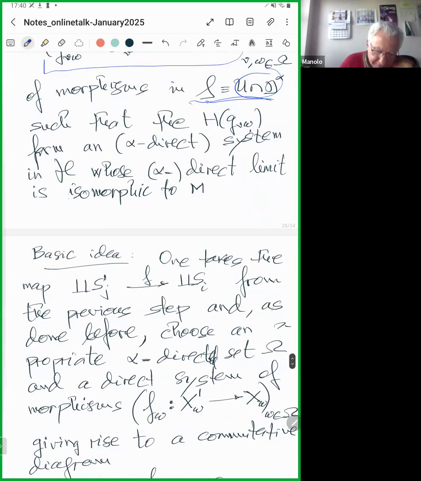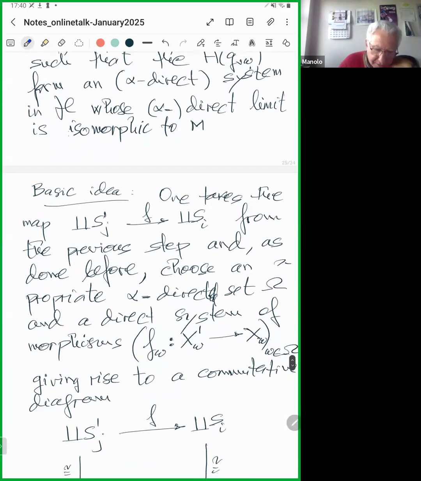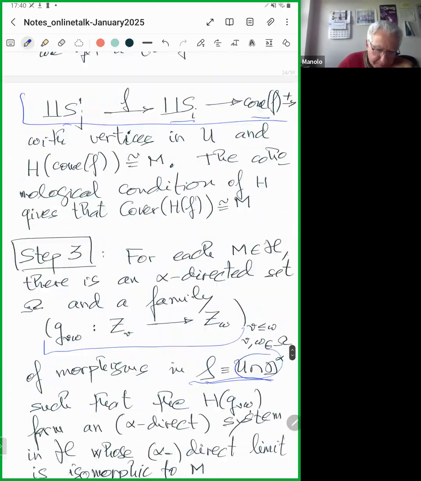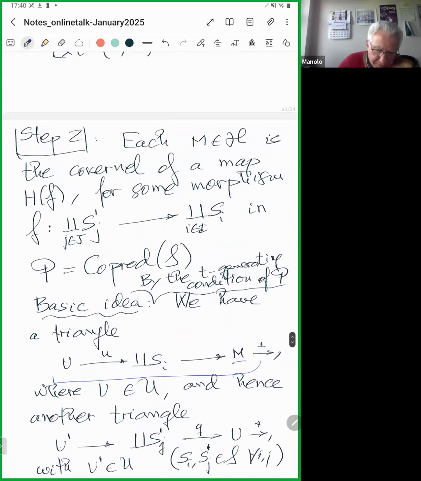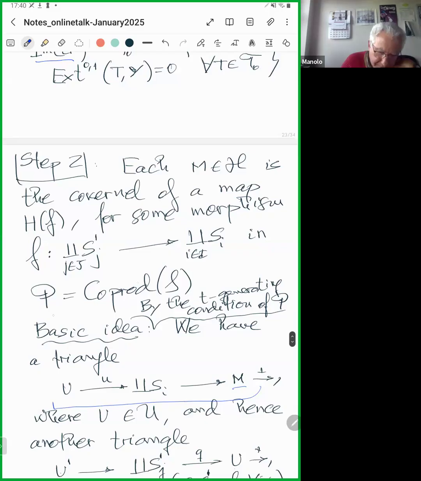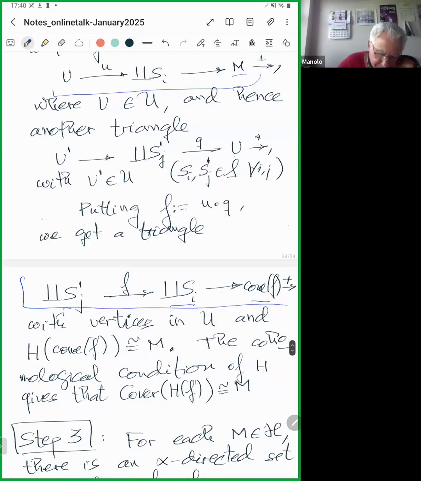And the basic idea then is that you take the F that was given by the previous step. In the previous step, you have some map in P such that M is the cokernel of HF.